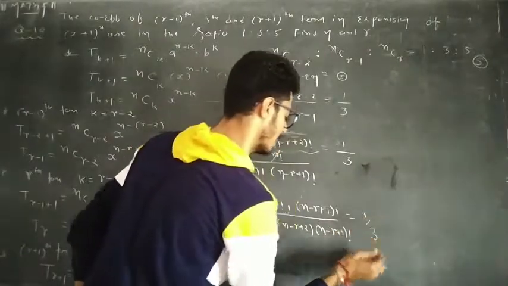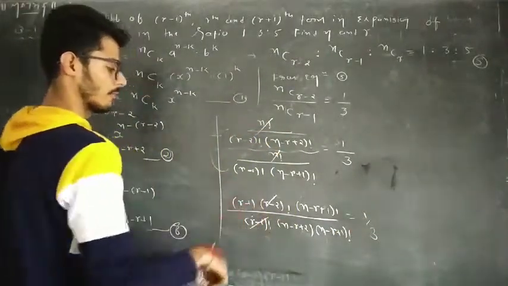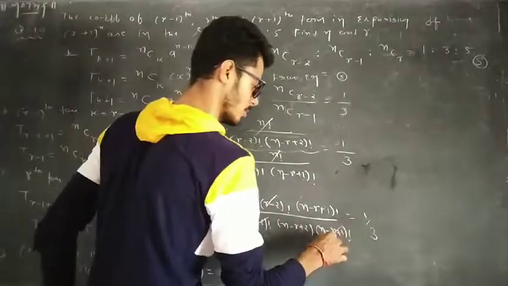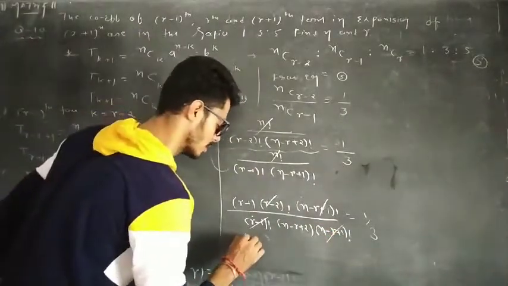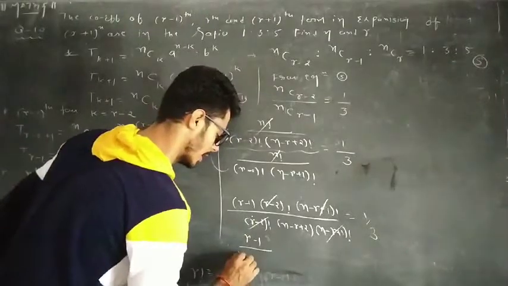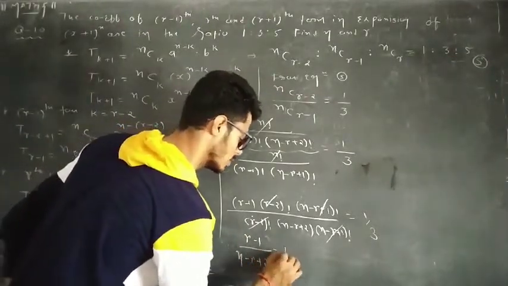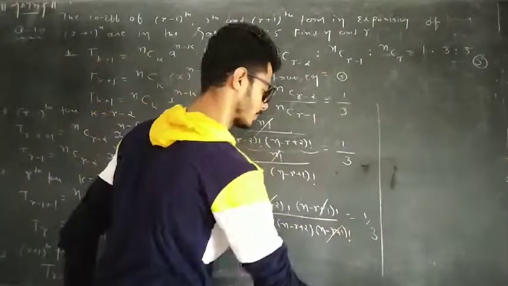So it is 1/3, because the (r minus 2) factorial and (n minus r plus 1) factorial terms cancel out, leaving (r minus 1) and (n minus r plus 2), which is 1/3.